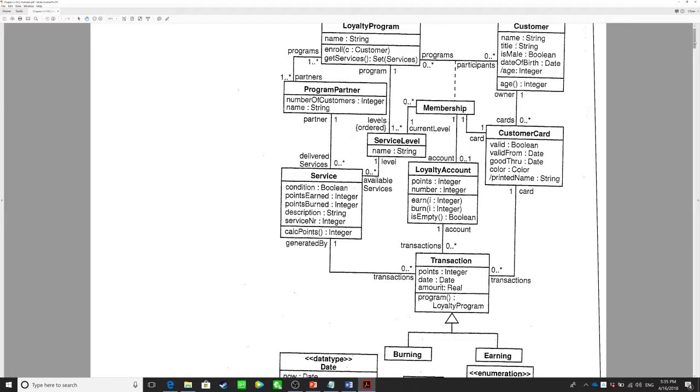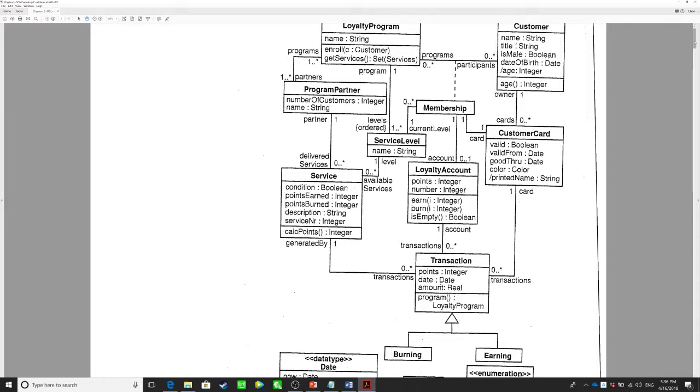You know that, right? So that means for all those programs, there are many participants, and those points can be used in any of these programs. Remember these facts because that's how this system is modeled.